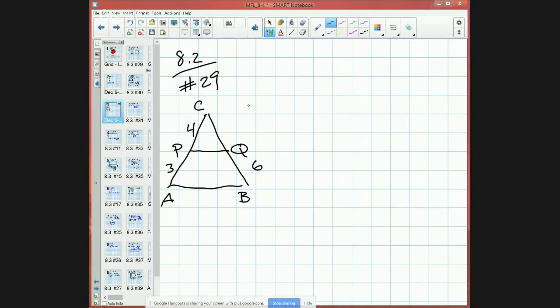I'm going to call that X. So BC goes all the way the length of that arrow, this whole side, and that's what you want to find. So you could, Rhonda, set up your proportion like this. You've got the little triangle, triangle CPQ, and that is similar to triangle CAB.